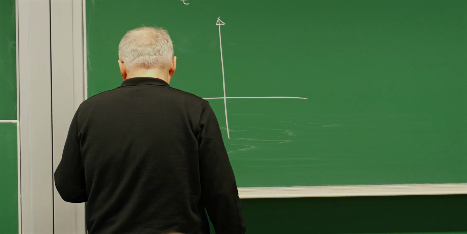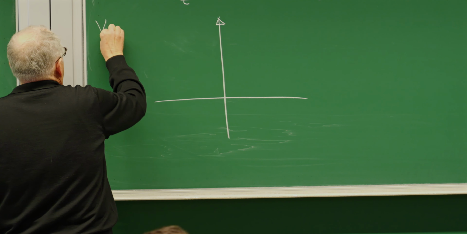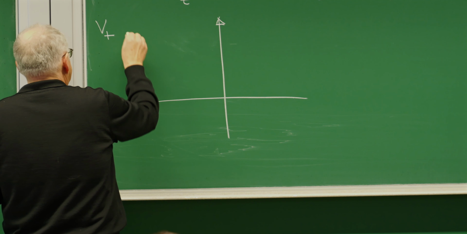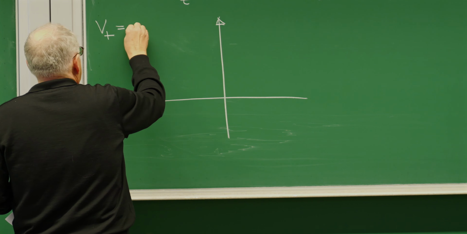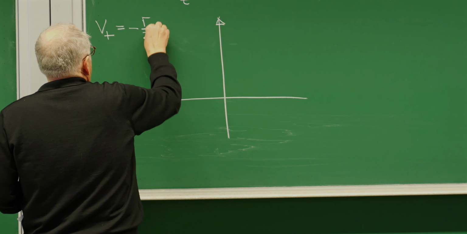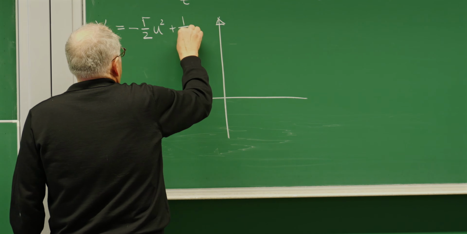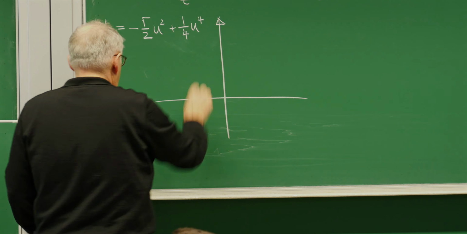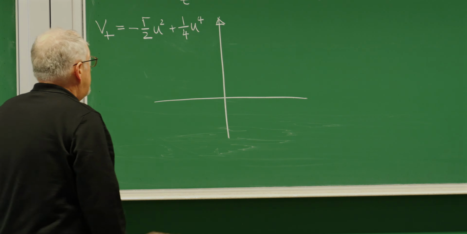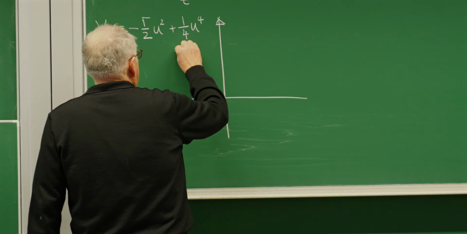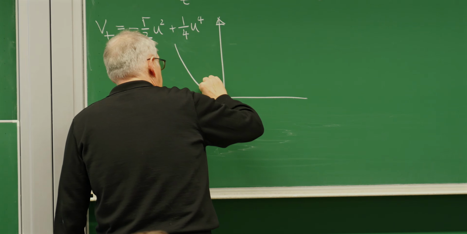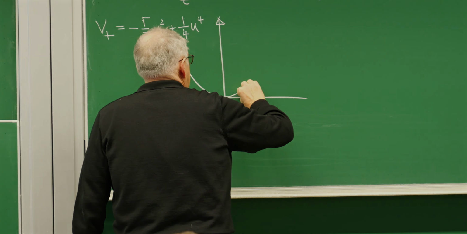So let's study the case V plus equals minus r over 2 u squared plus 1 over 4 u to the 4th. And now start from something that looks like so.